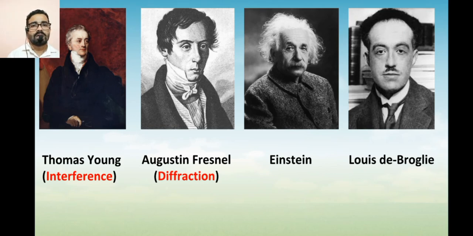There was a lot of confusion about the nature of light, because two natures of light were already stated by scientists, a particle nature and a wave nature. And then it was clearly explained by another scientist called Louis de Broglie, and he said that light has dual nature. So in this way the theory of light was developed.